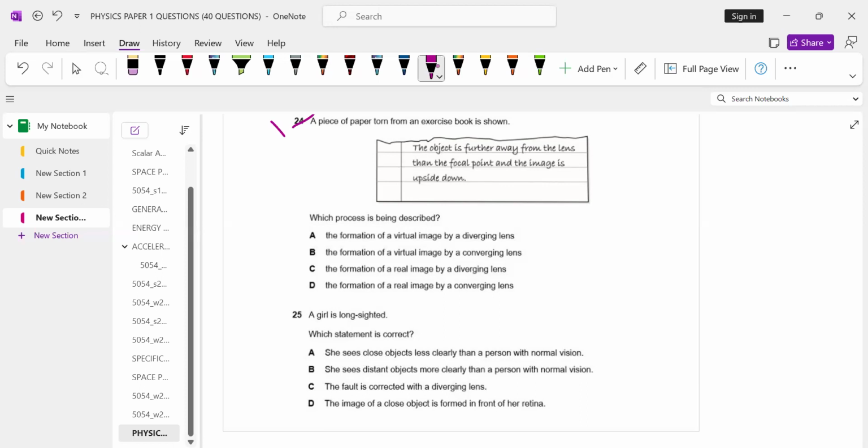It means that the image lines are converging, meaning meeting. So according to this statement, option D is correct for question number 1.